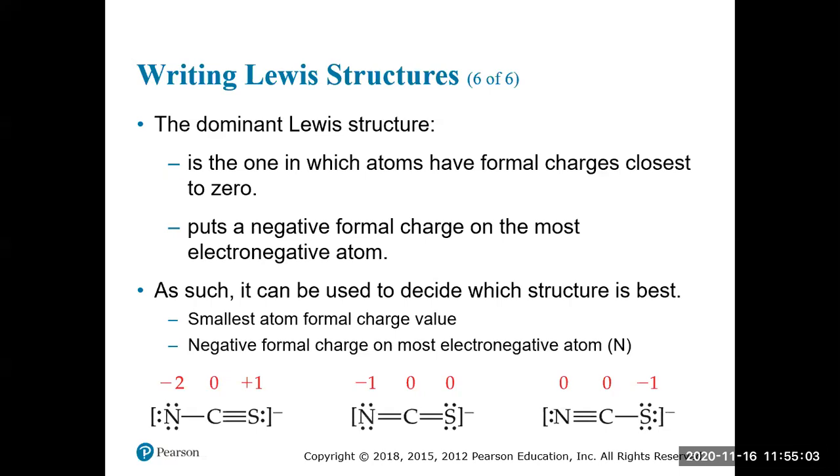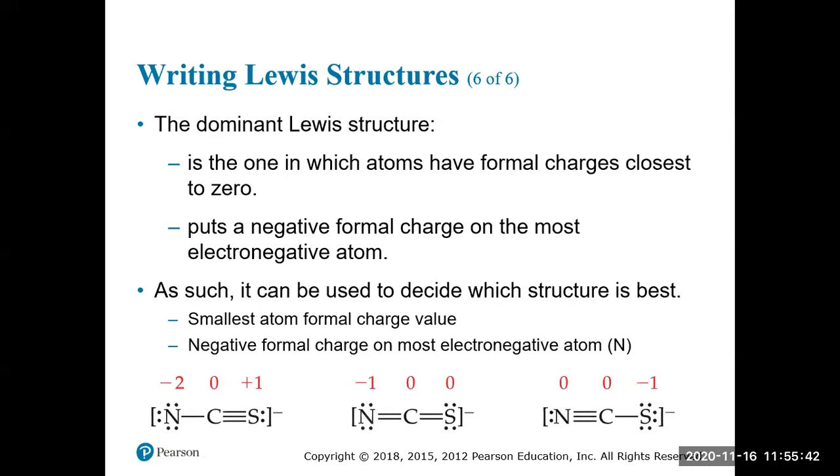So that's where we come to the second rule: we want a negative formal charge on the most electronegative atom. So this forces us to go back and look at that table of electronegativity that we talked about. Remember, we said the upper right-hand corner is the most electronegative. If we look at it, we would see that nitrogen is more electronegative than sulfur.